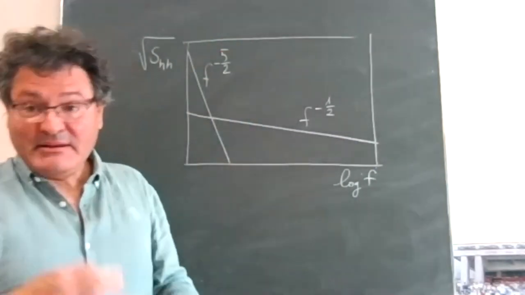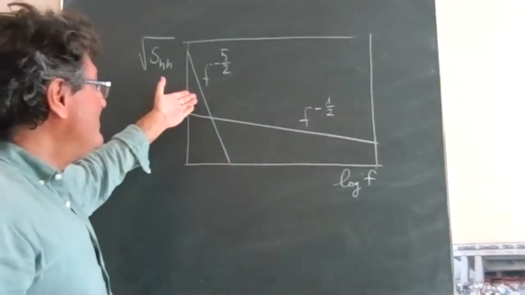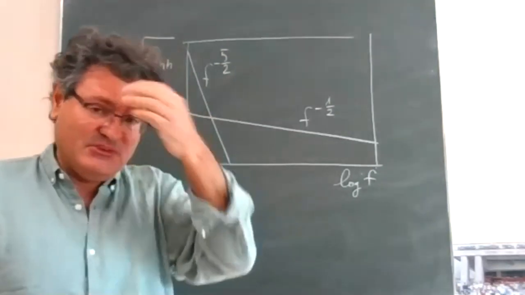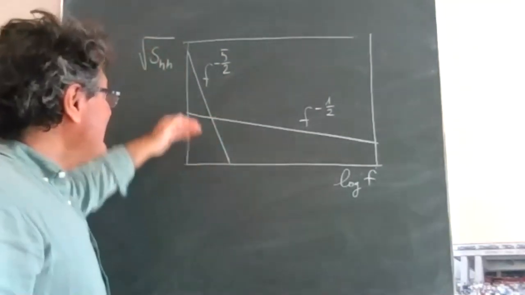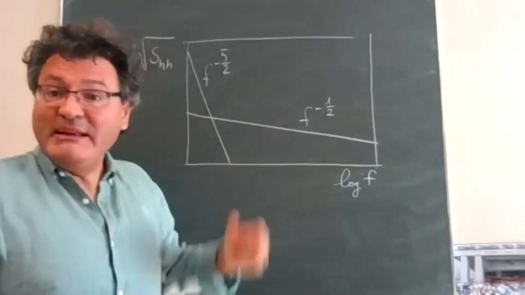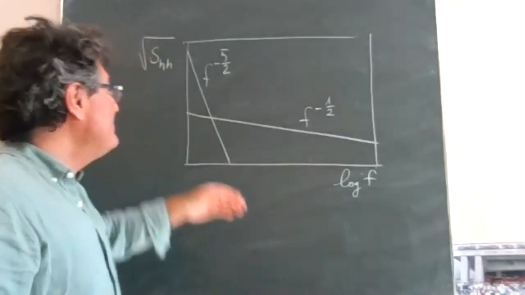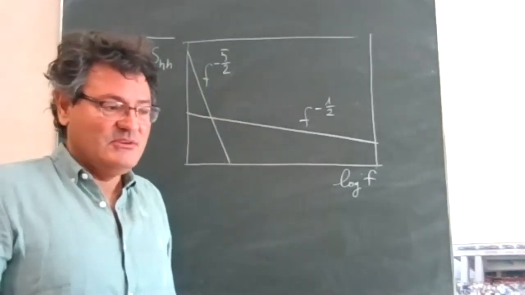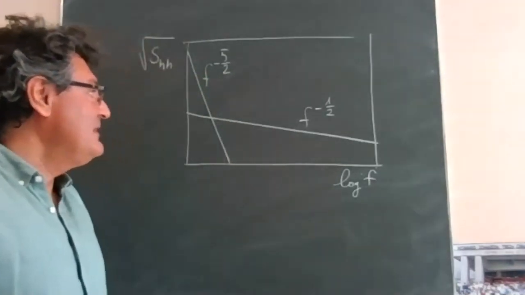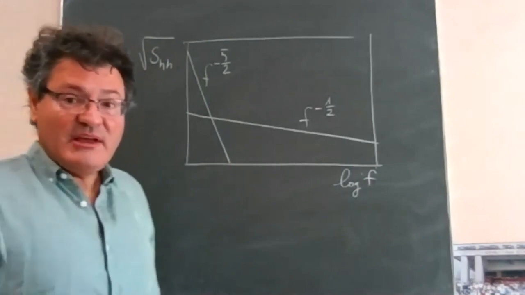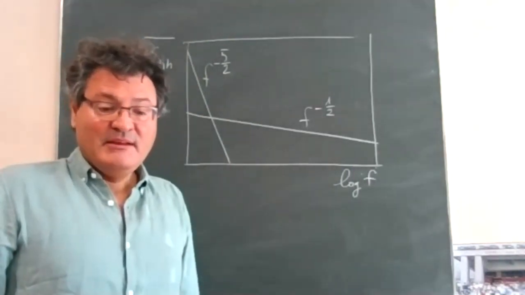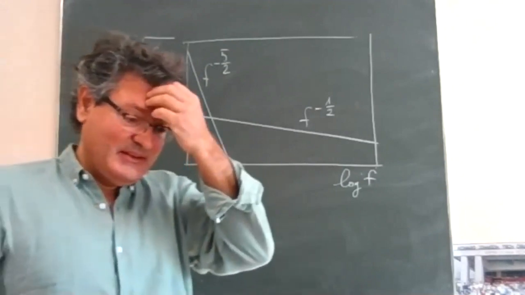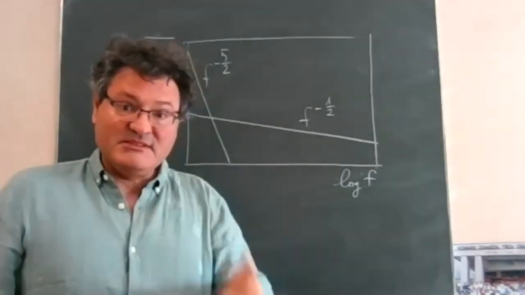Especially for the suspension thermal noise, in the plots that I showed you before, this is not the case. It is a more complicated function. But in general, it is simply f to the minus 5/2. We are going to talk exactly about why it is so, and there is some physics behind it.